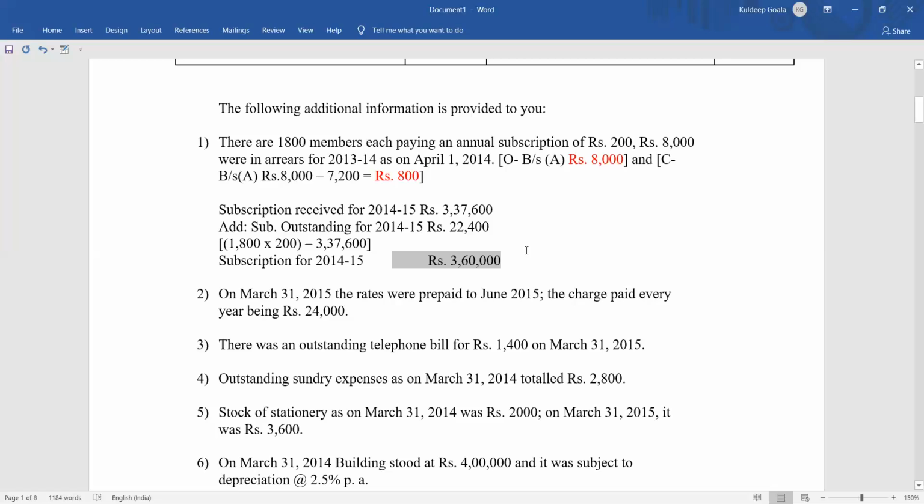This is the amount, right? So what will you do with this particular amount then? This whole pro forma will appear totally in the income and expenditure account.